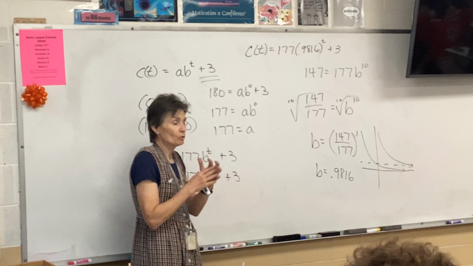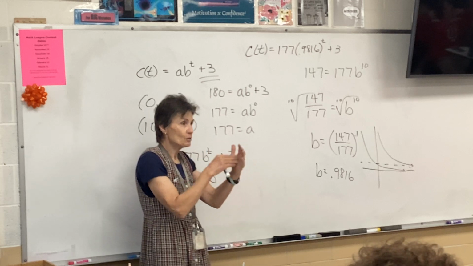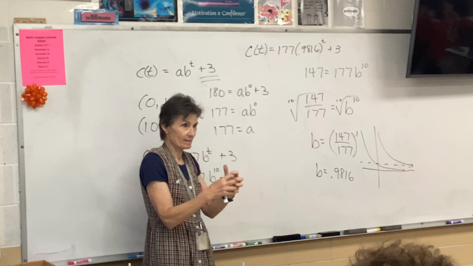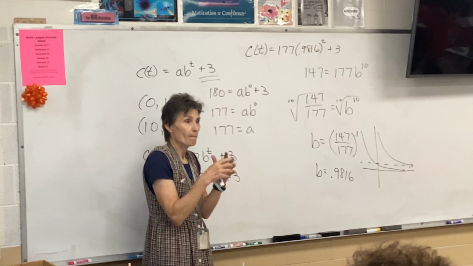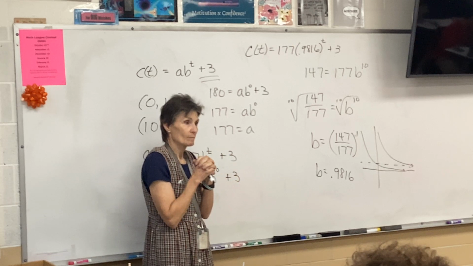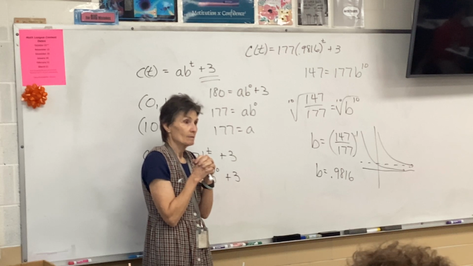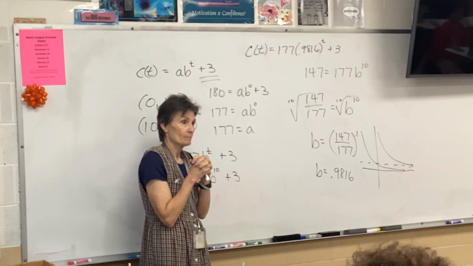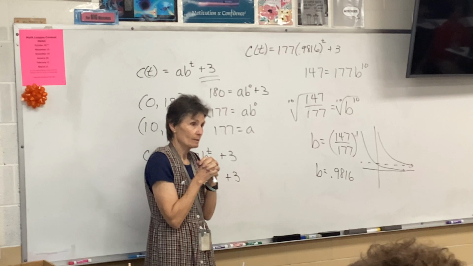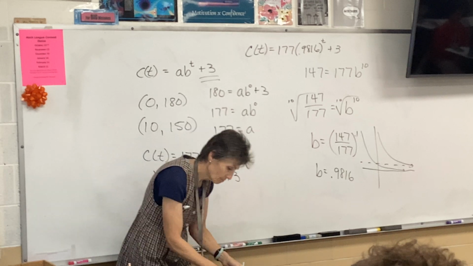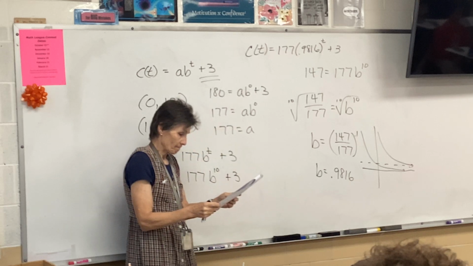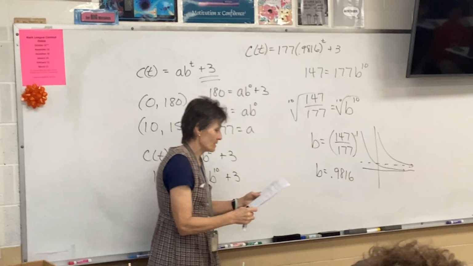So the initial value is the value of y when x is 0. So it is the y-intercept. Okay? That is, yeah, okay. Alright. Okay, I get it. Okay, now, next page.